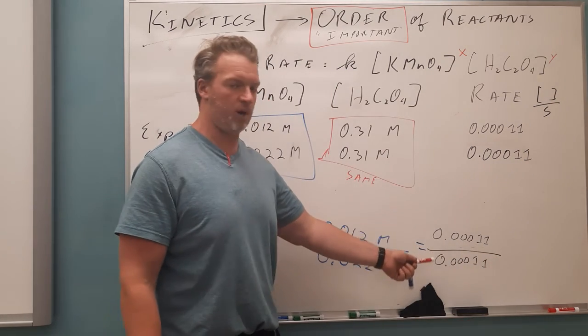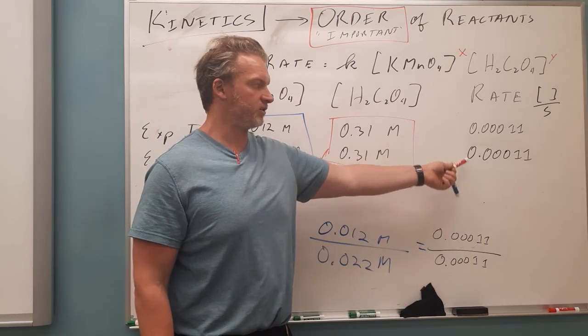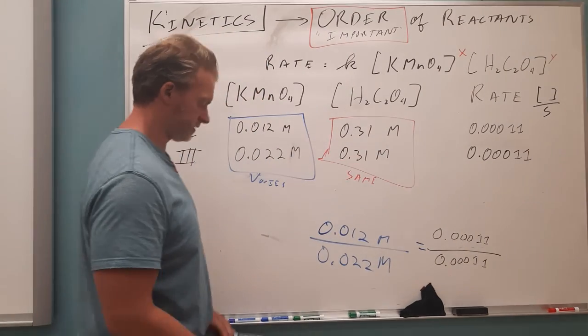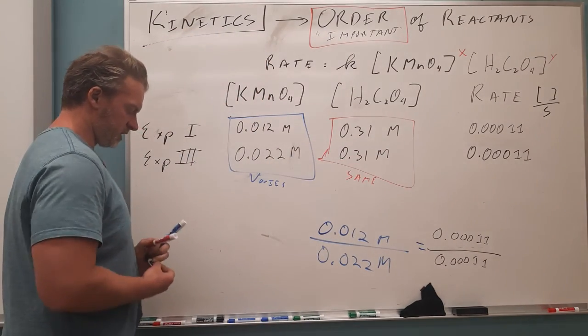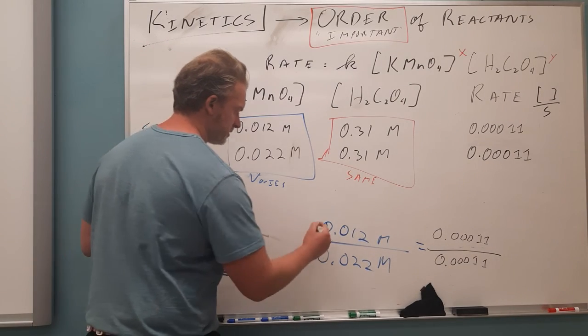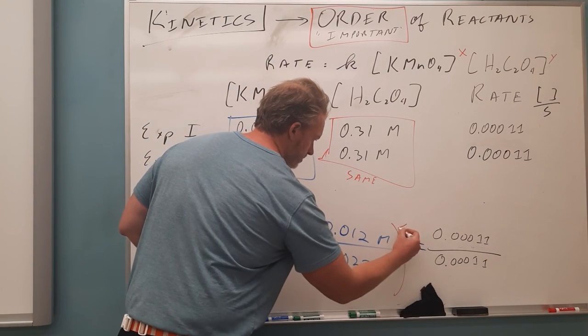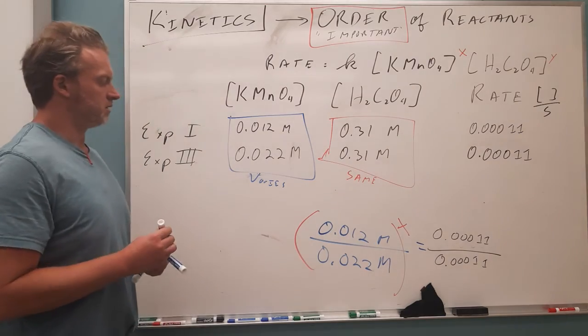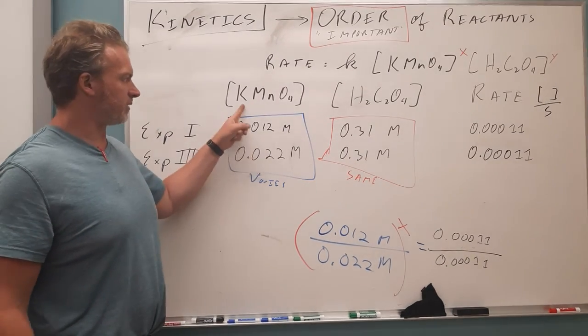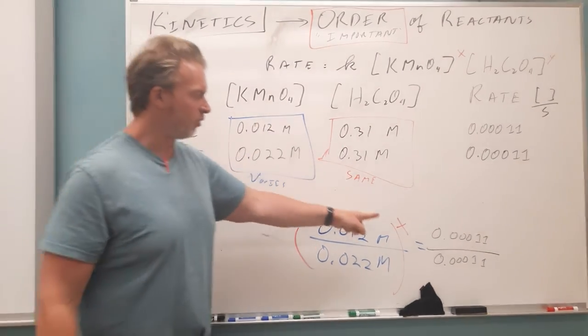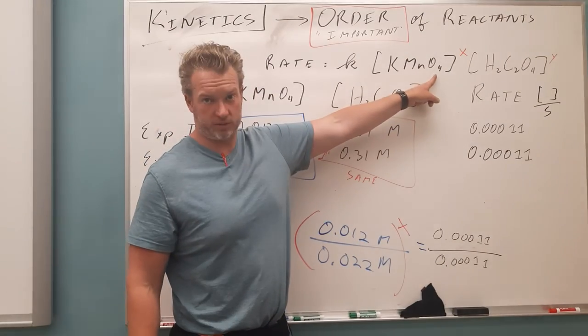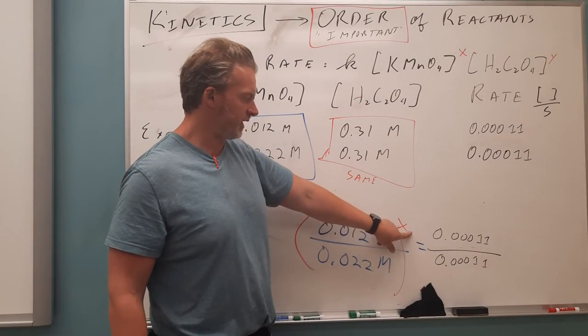This is also a proportion comparing the rates of these two experiments. Because these are numbers about KMnO4, we're going to find out how important it is to the rate of the reaction.